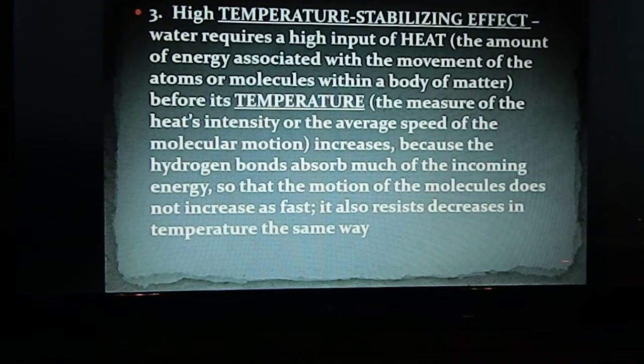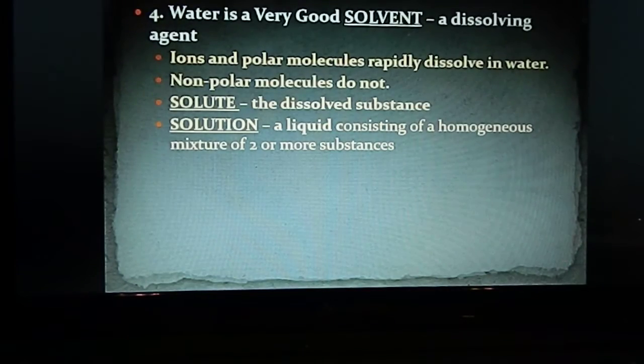So it's very important for things like babies whose cells are developing in their brain. If they have a high temperature, you need to respond by cooling them, not by putting them in cold water, but in cool water, and try to get that core temperature down, because you don't want brain cells to be killed. So, high temperature stabilizing effect.